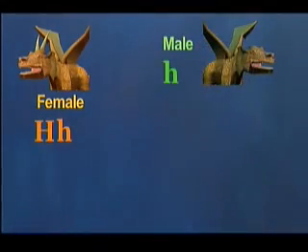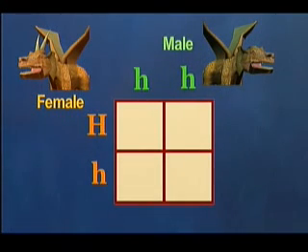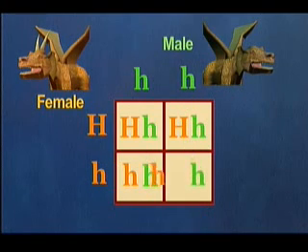Now let's do another test cross. And this time the mother dragon still has horns, but has 1 recessive h allele and 1 dominant H allele. Here's what the Punnett square looks like. The upper left box gets a capital H and a small h. The upper right box gets the same. The lower left box, however, gets 2 small h's, and so does the lower right box.